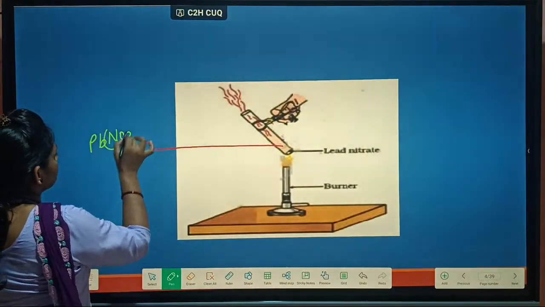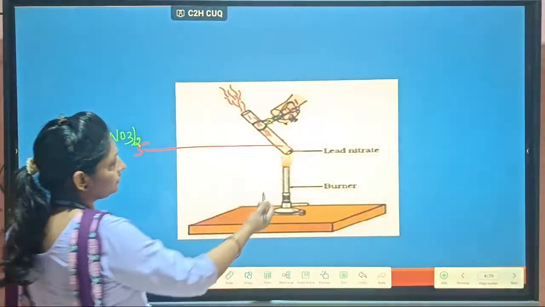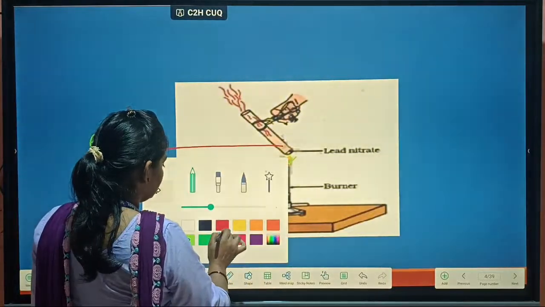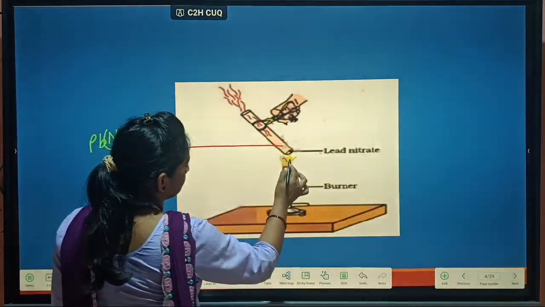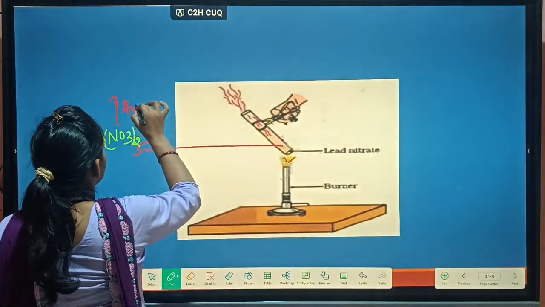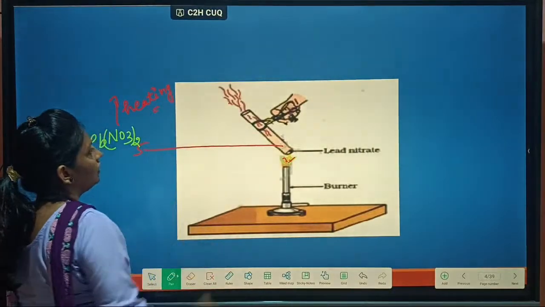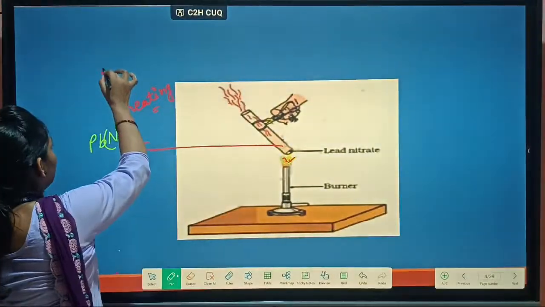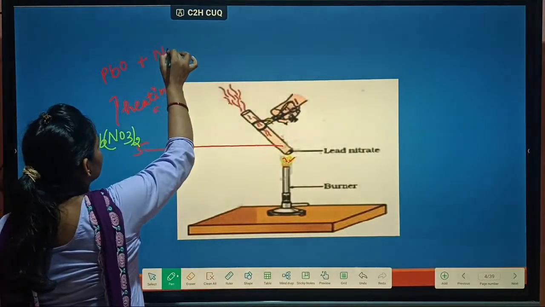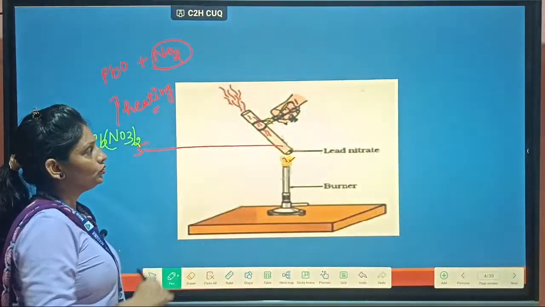When lead nitrate is heated, it converts into lead oxide, PbO, plus some gases like NO2.